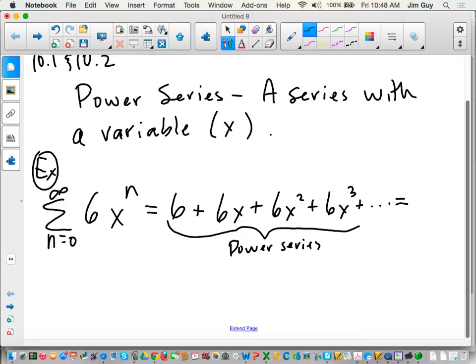You bet. And what's a for this problem? 6. It's my 0 term. Over 1 minus, and my r value is? x. All of these infinite terms, if I added them up, I would get this equation right here. This function. 6 over 1 minus x.